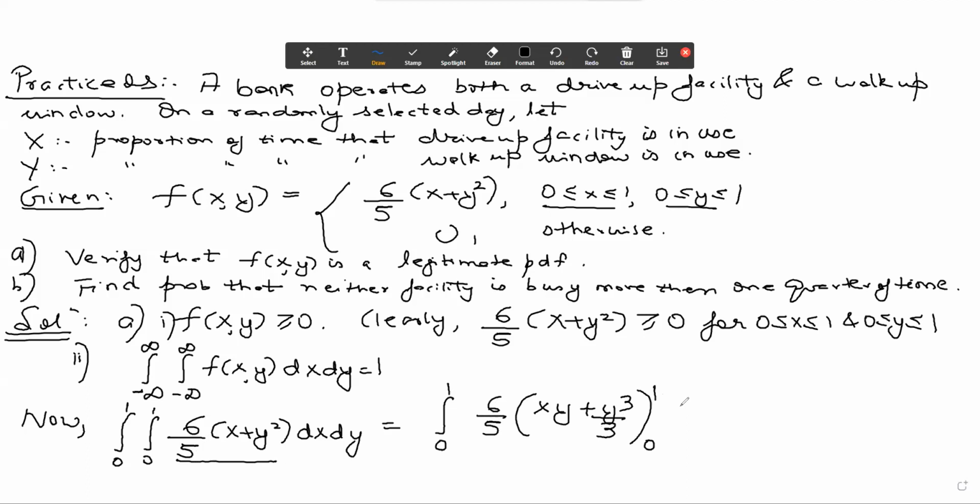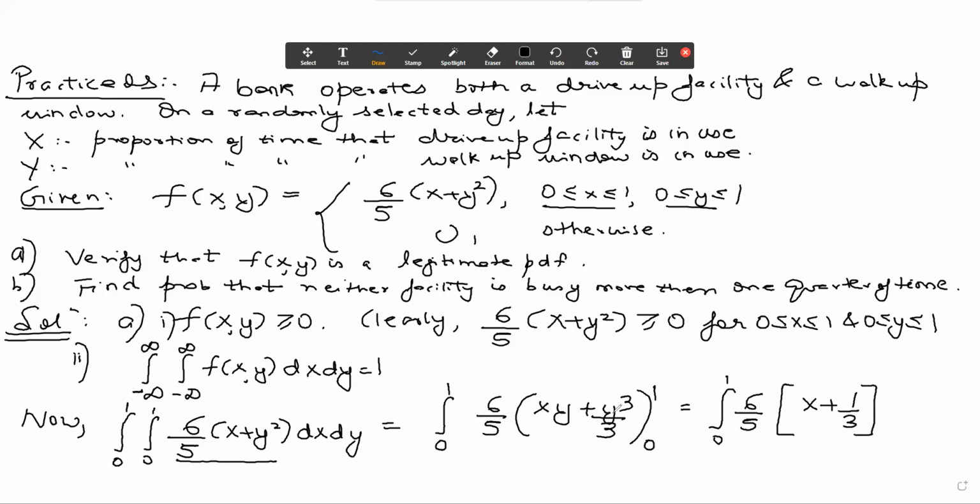Let me write dx afterwards. Let's first solve this. This becomes 6/5 times, let me put y as 1, so this becomes x plus 1/3. And if I put 0, the whole thing becomes 0.